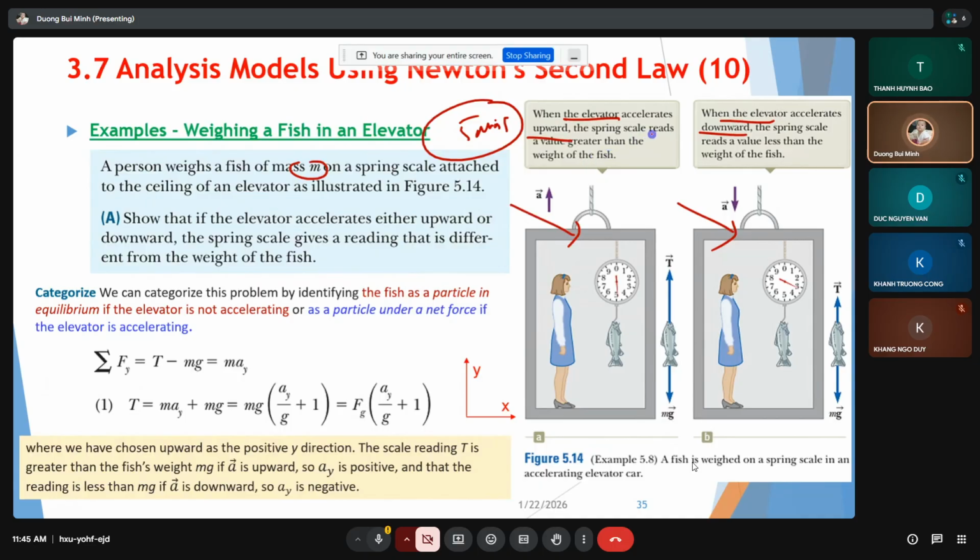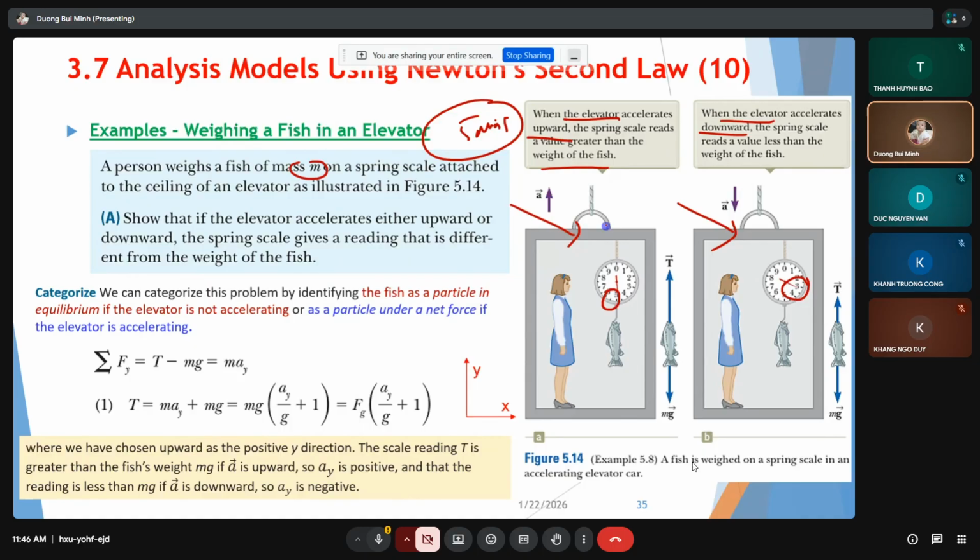So the spring scale reads a value greater than the weight of the fish. And here, the spring scale reads a value less than the weight of the fish. You need to analyze why.